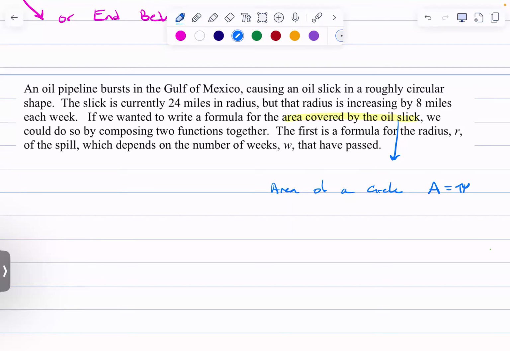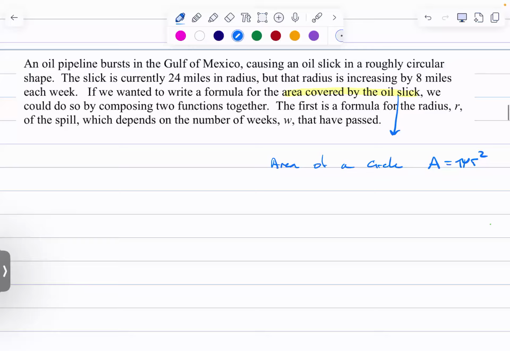Sound familiar? Now, it's not on your formula sheet, but if you need the area of a circle on the test, I would give it to you. I would say, recall the area of a circle is pi r squared. It's not something that I'm expecting you to remember, but you might.